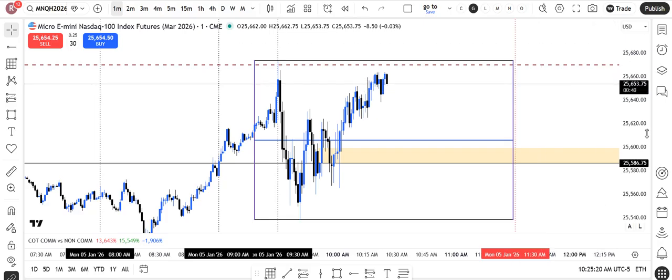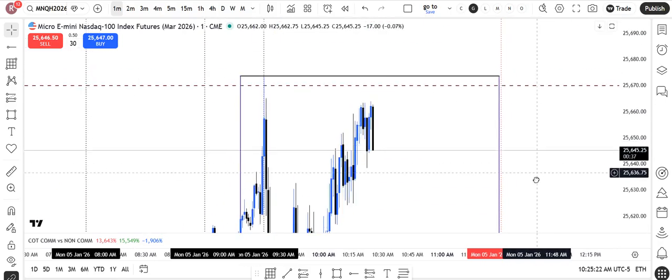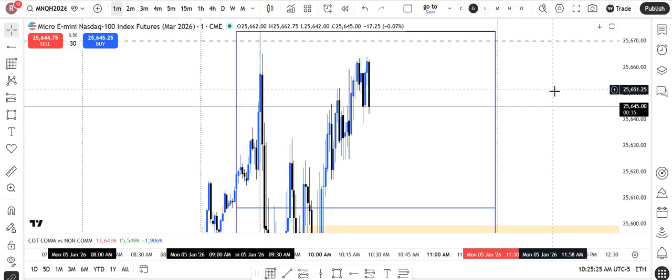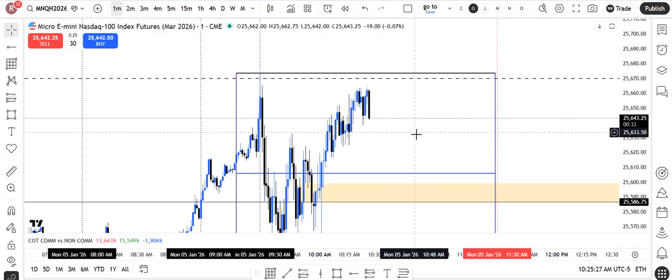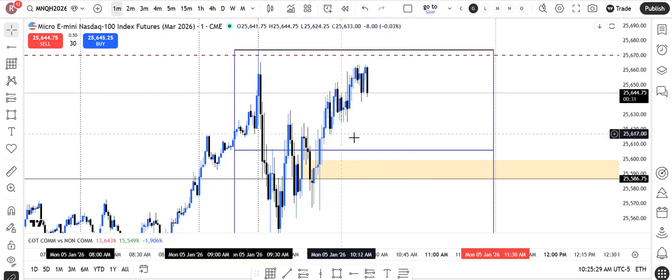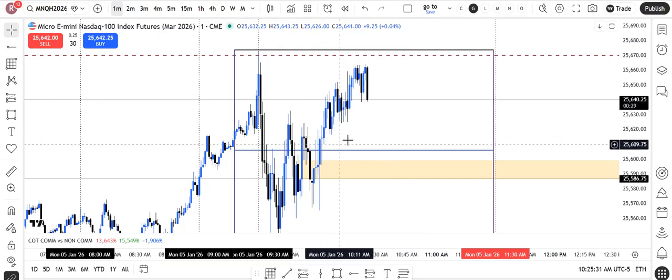Did it take out that high? Yes, it did. Okay, like I said, I want to see it get below this low. And this low.